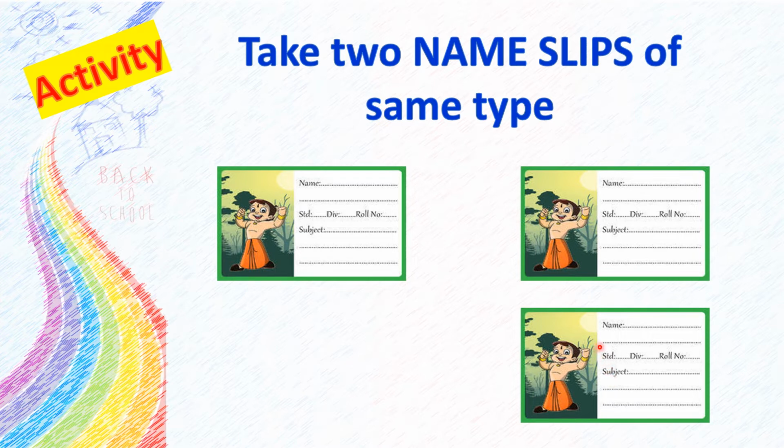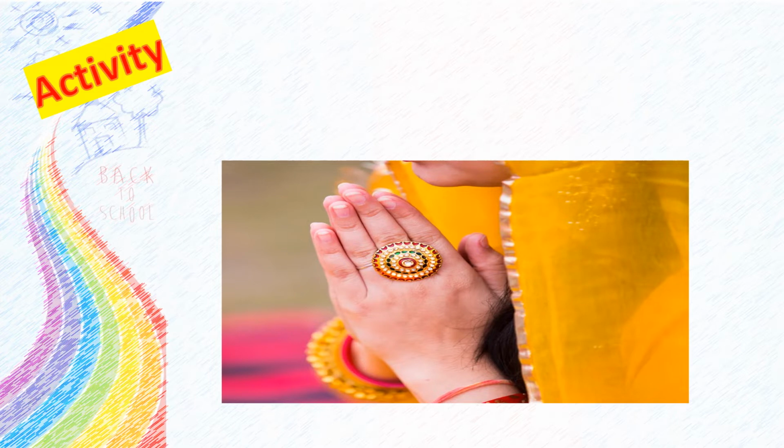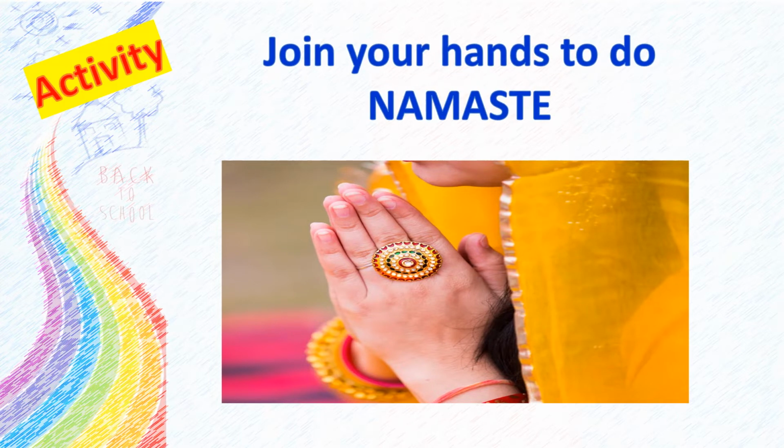Okay, so now in the same way, join your hands to do namaste. Yes, you join your hands to do namaste. And what you will observe is, if you see from the side view or from the top view, then you will notice that one hand of ours completely covers the other hand, right?